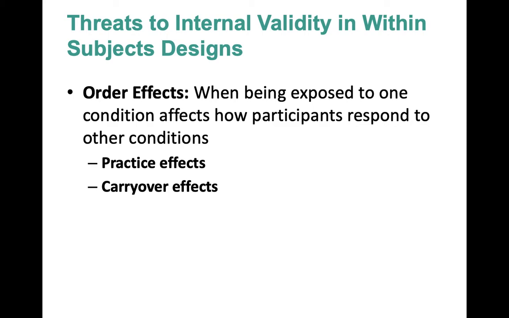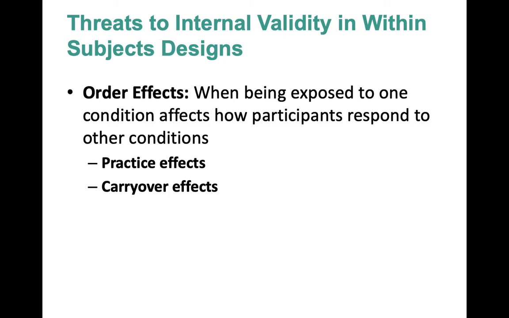Of course, there are some limitations, or we'll just say some things to consider when you use a within subjects or within groups design. And specifically, there are some threats to internal validity. So one threat to internal validity is an order effect. And this is when exposure to one level of the independent variable influences reactions to the other level of the independent variable.